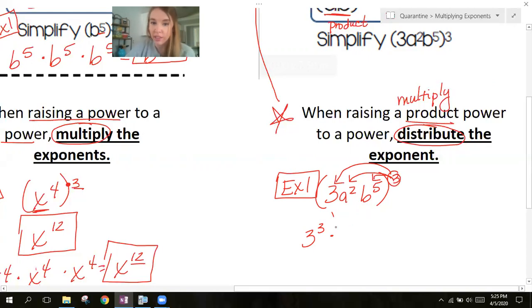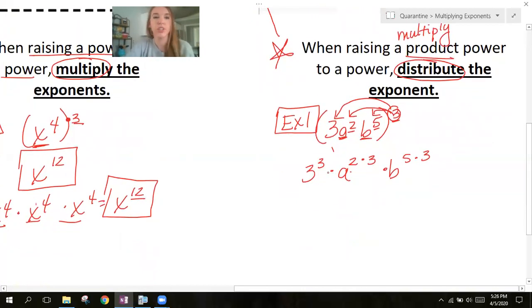You multiply them. So you take your base a, and we're going to do 2 times 3, because it's an exponent being taken to another exponent. Times, bring down that next base b, and again we have an exponent being taken up to a power, so that's going to be 5 times 3.